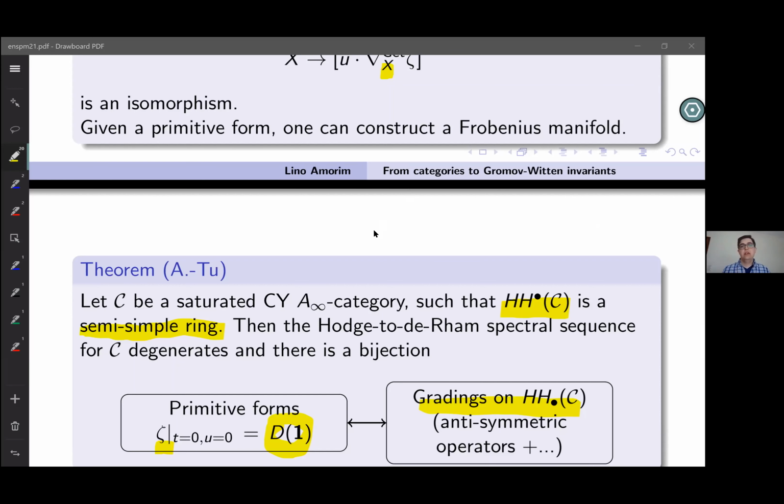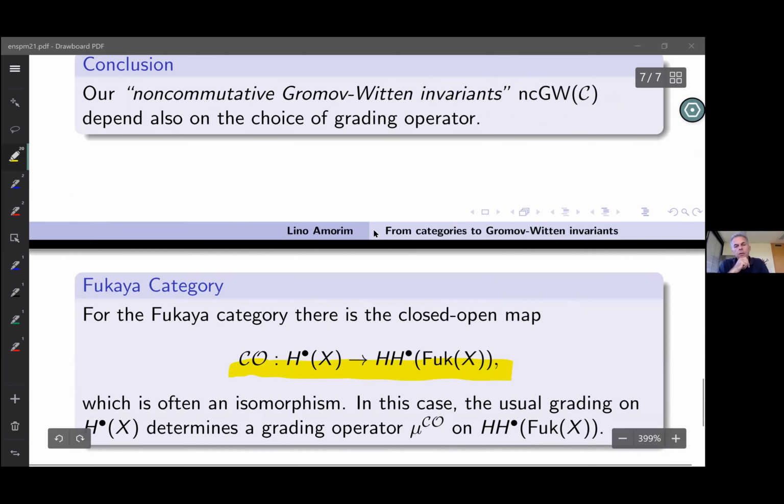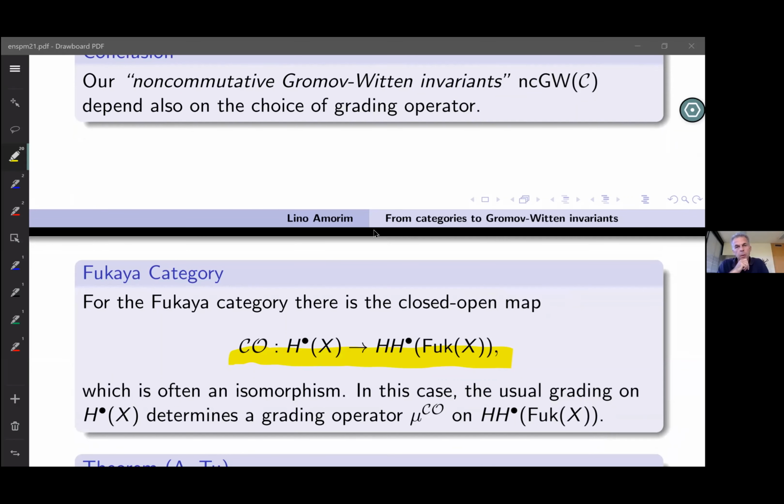So for toric manifolds, which I'm more familiar with, how restrictive is that condition? Does this say anything new for four-dimensional toric symplectic manifolds, or do you go to higher dimensions? No, I don't think so, right? The idea here is that this isomorphism is just an isomorphism of vector spaces, but if you work with rings, the ring structure on Hochschild cohomology matches the small quantum cohomology on X. So the statement that this is semi-simple would be saying that quantum cohomology is semi-simple.